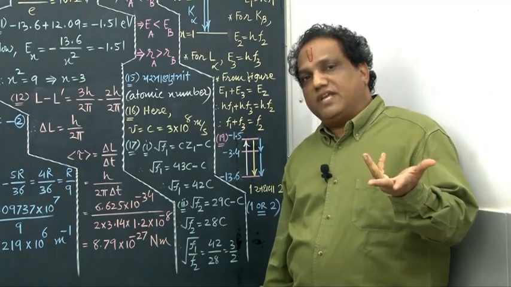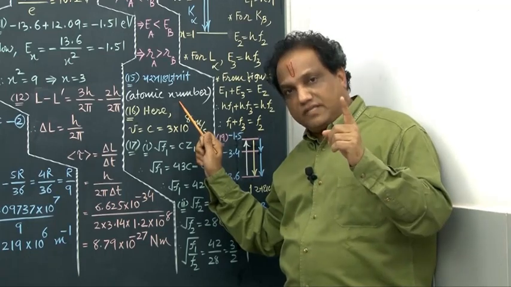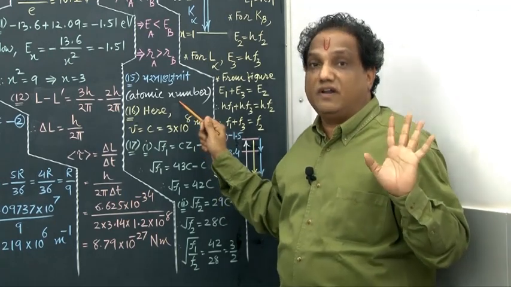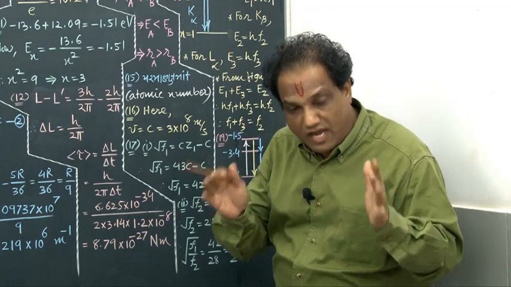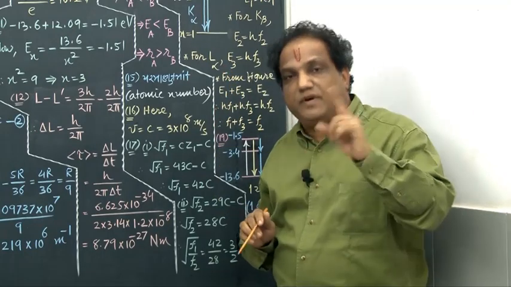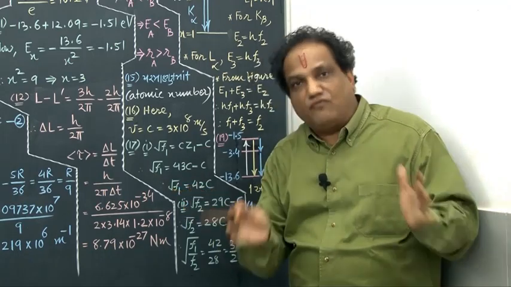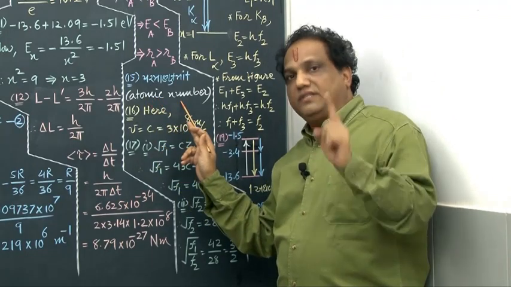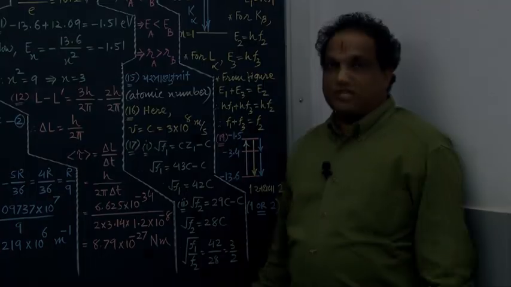Z, the atomic number. So the atomic number, the characteristic of a given element, is given by the frequency of K alpha radiation. The frequency of K alpha radiation is the characteristic of a given element used as an anode in the X-ray tube. For different elements used as anode in an X-ray tube, the frequency of K alpha radiation is different, correct? For a given element it is fixed. So that frequency would determine the atomic number and thereby the type of element. Got it? Read the statement of number 16 now.